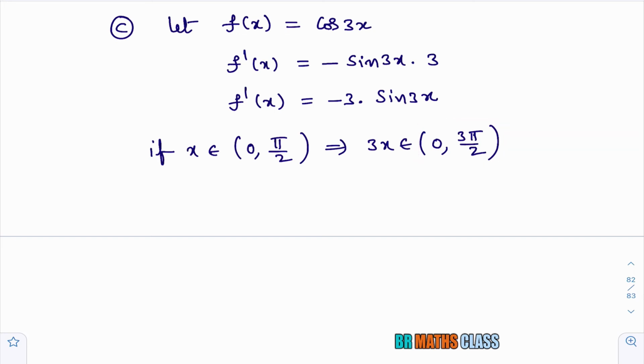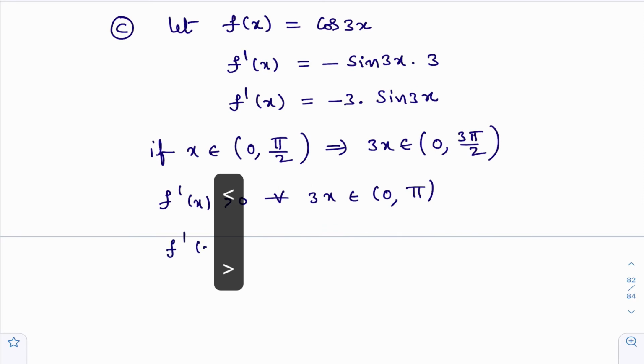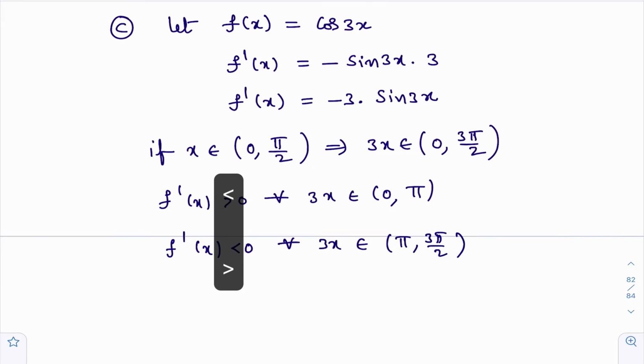You know that when 3x is in first quadrant and second quadrant, this expression is positive. When this expression is positive, if you multiply with a negative expression, then this total expression will become negative. At the same time, you can understand that f dash of x, for all 3x belongs to pi comma 3 pi by 2, is greater than 0. What you identified, f dash of x is greater than 0 as well as less than 0.